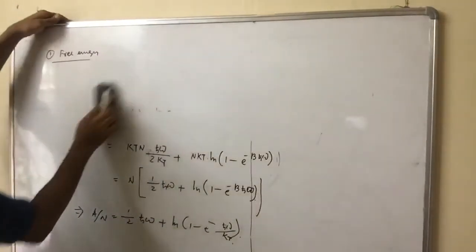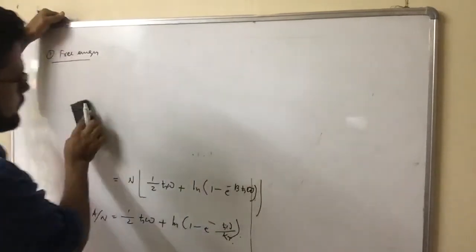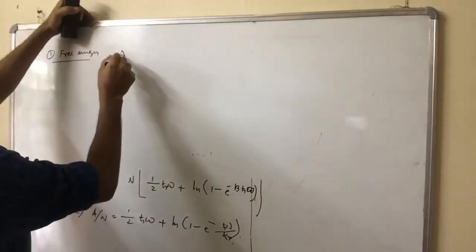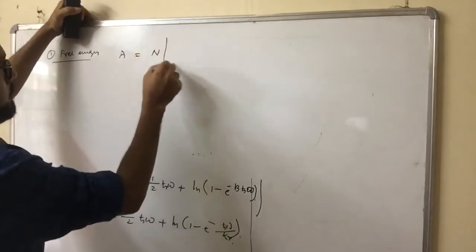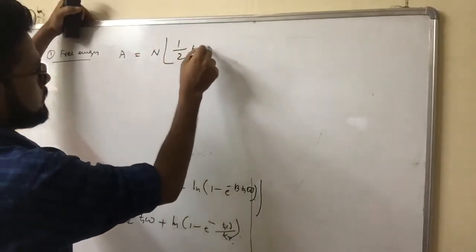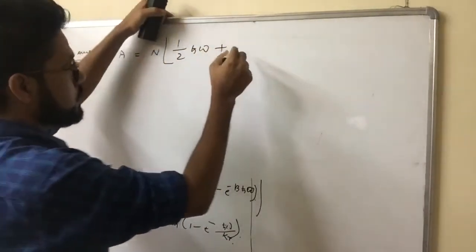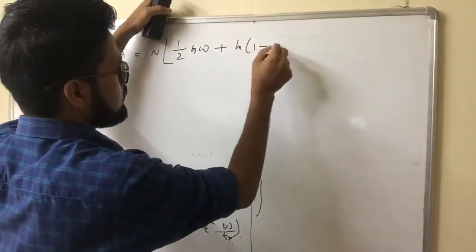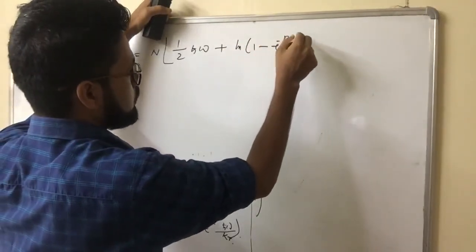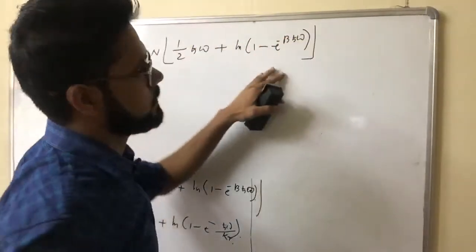Now what I am getting, I am writing the free energy again to tell you the details: A equals n times half h cross omega plus ln of 1 minus e to the power minus beta h cross omega. Clear this one?